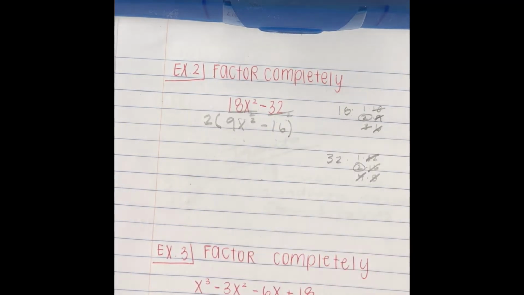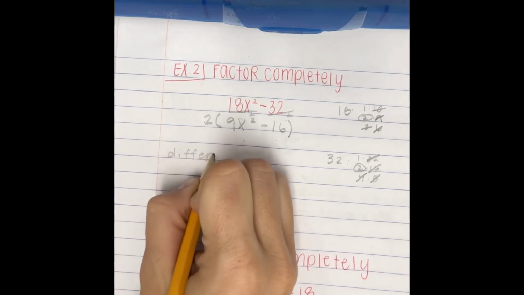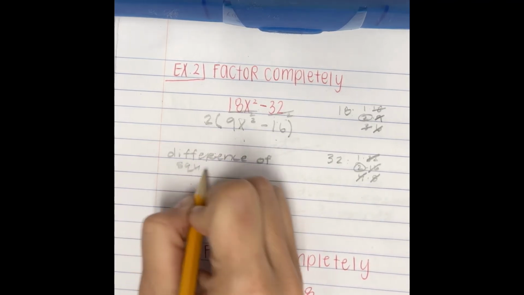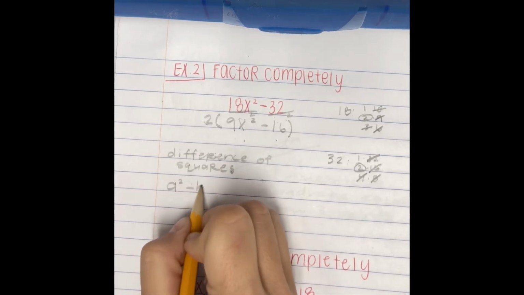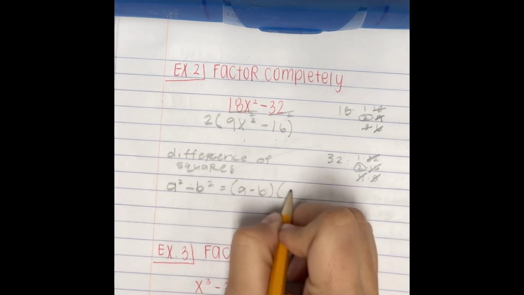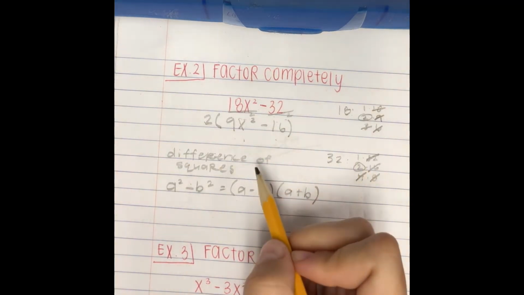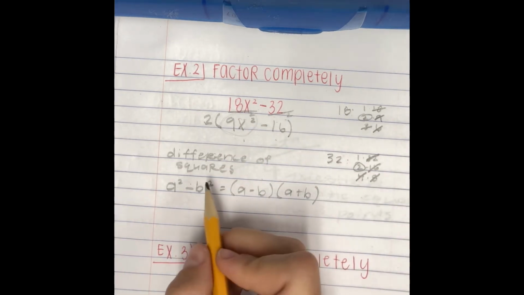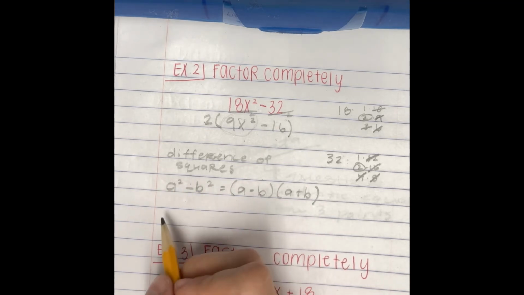Here we have a special case. If you remember when we went over the difference of squares, here's the formula: a squared minus b squared equals a minus b times a plus b. So this is my a term, 9x squared. I want to know what the square root of this is.